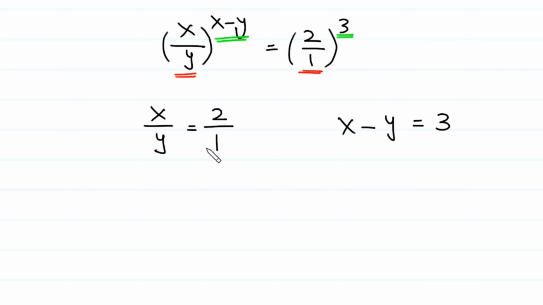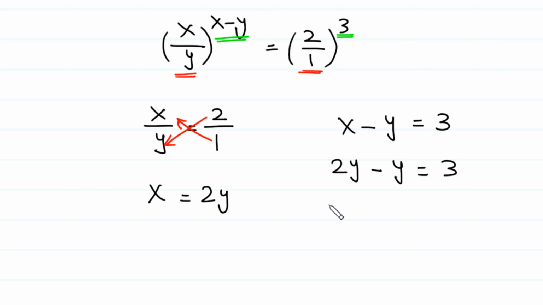Now we solve this one by cross multiplication. We multiply this 1 by this x and this 2 by this y. 1 times x is equal to 2 times y, 2y. Now we put this value of x, 2y, in this equation. 2y minus y is equal to 3. 2y minus 1y, y is equal to 3.